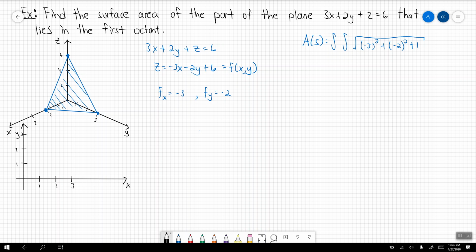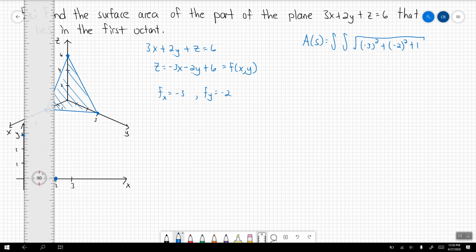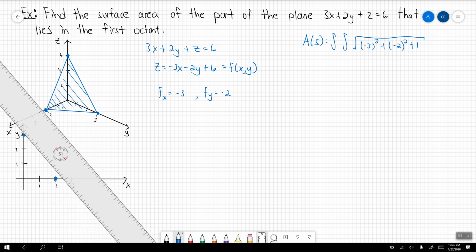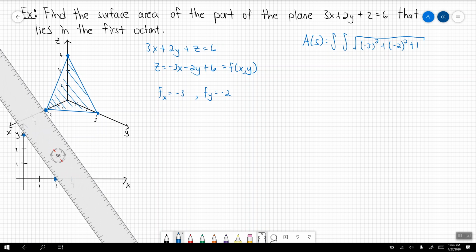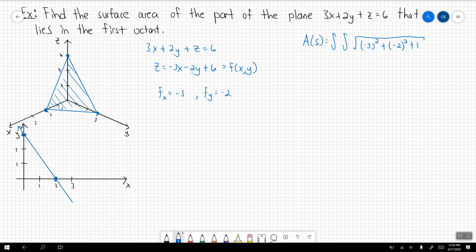Alright, so I know by the picture up here that my y-intercept is at 3, my x-intercept is at 2, which means I'm looking at this line here, and that's the original equation that I'm observing. That original equation is 3x plus 2y is equal to 6, in other words, when z is equal to 0.